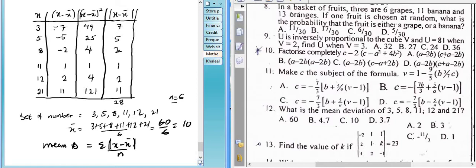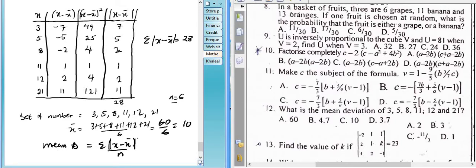So that's all these 7 5 2 1 2 11. So when you sum all these numbers, that's the summation of the magnitude of x minus x bar, which is equal to the summation of all these 7 5 2 1 2 11, that's 28. And that's our mean deviation.